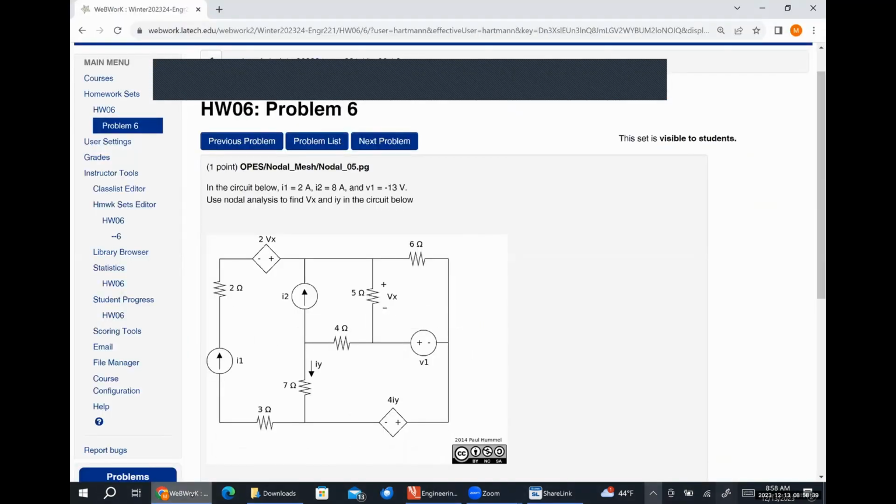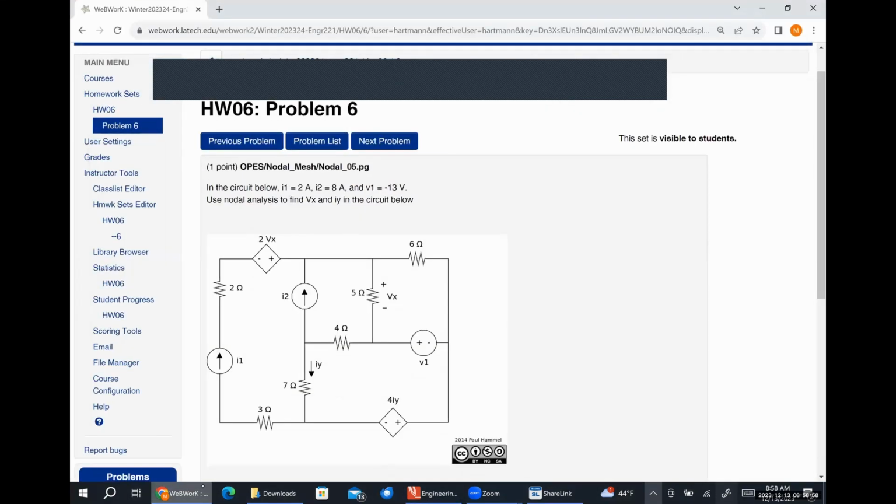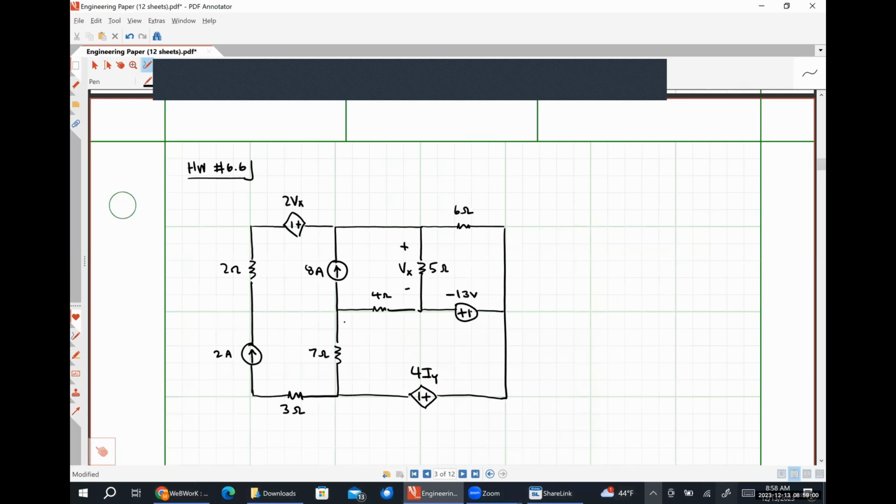And then we have a dependent source across the bottom, negative polarity on the left for IY. Which means I need to figure out where the heck IY is. Current flowing down through our 7 ohm resistor.